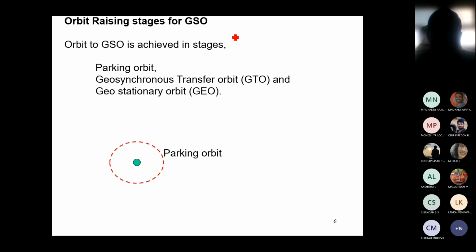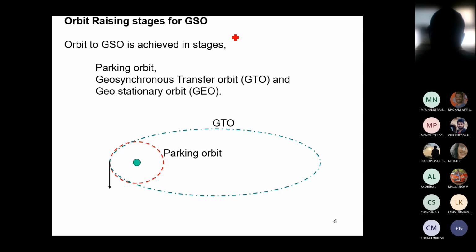Then from the parking orbit, the satellite will be raised to another orbit called the GTO orbit, which is geosynchronous transfer orbit. But the GTO orbit is an elliptical orbit, it's not circular.